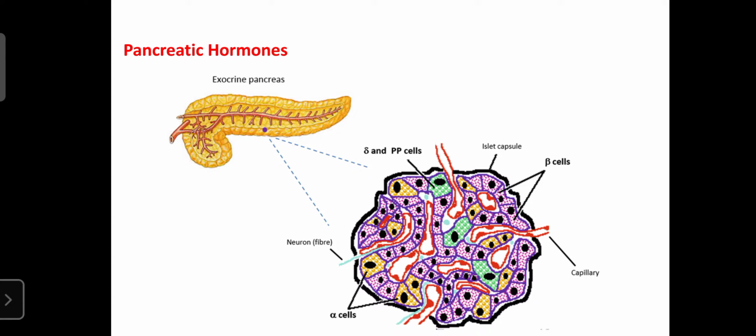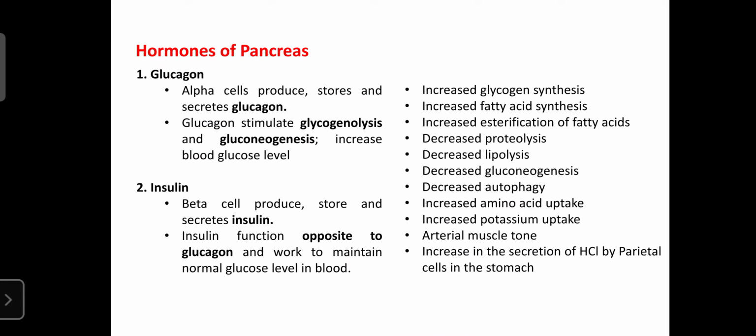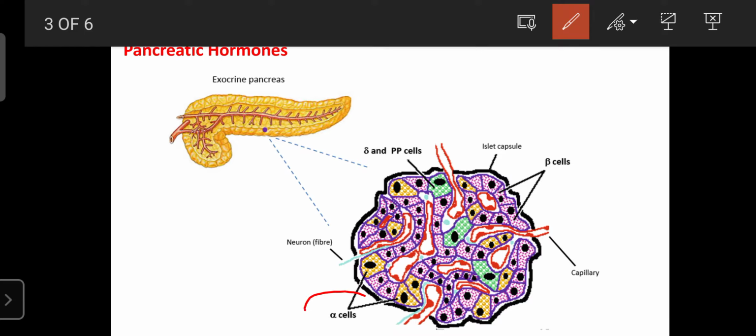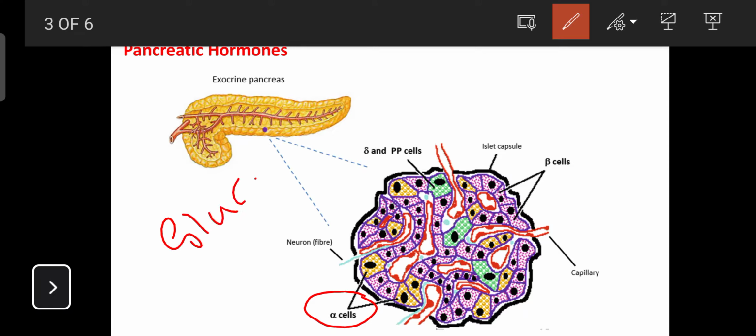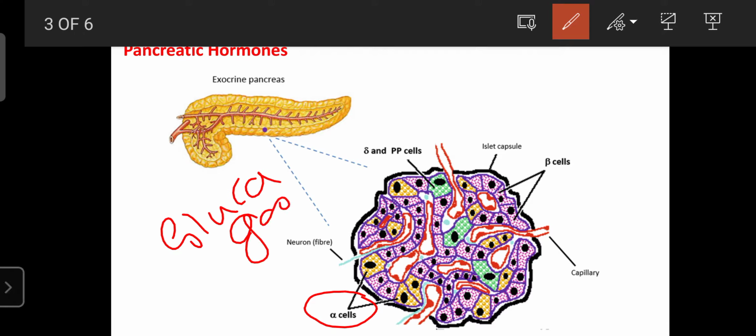The alpha cells of the islets of Langerhans are involved in the secretion of glucagon. Glucagon is also a pancreatic hormone secreted from the islets of Langerhans.